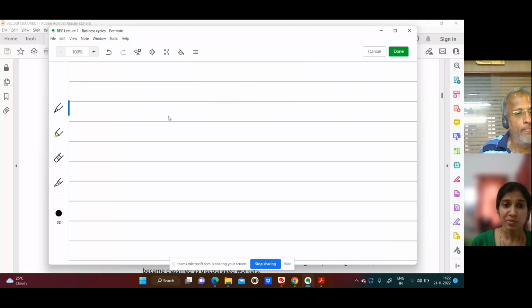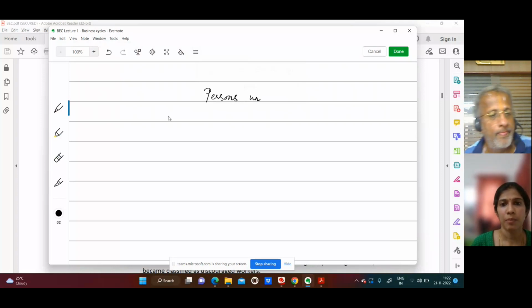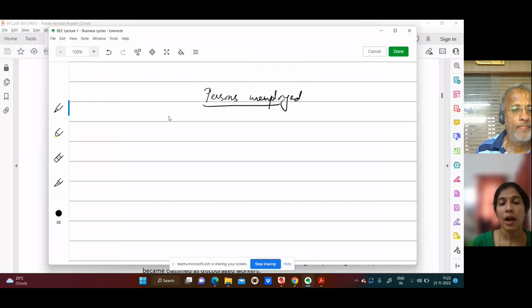So unemployment has two variables: your percentage of not working persons, not employed, divided by the labor force.